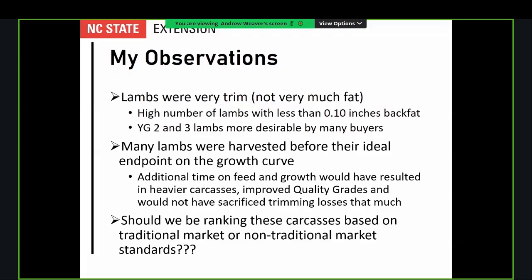My thought is that we're trying to get across that there's so much that goes into this. You can't just look at one and say, well, I had a larger ribeye area, I should have moved up a couple. There are a lot of factors that go into this, and there should be, and that's great. That's one thing to get across to our breeders and producers: if you could just select for one trait, it would be simple, but you've got to look at the animal as a whole.